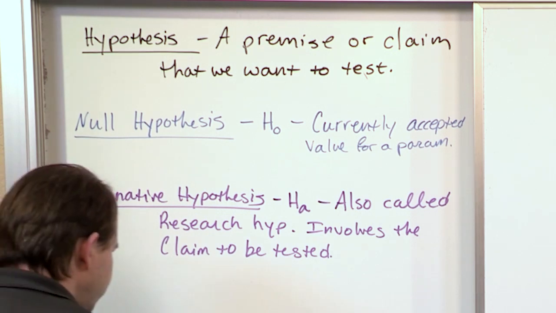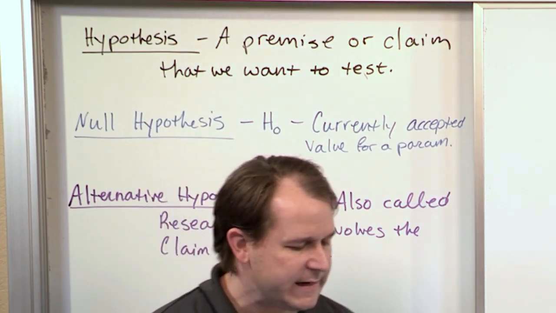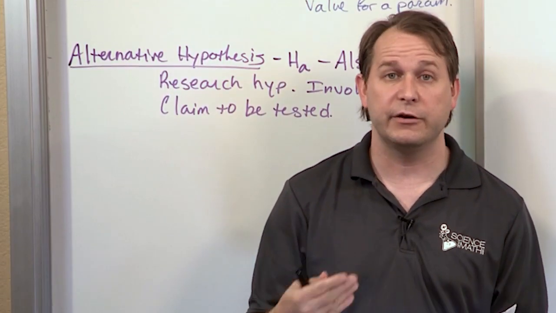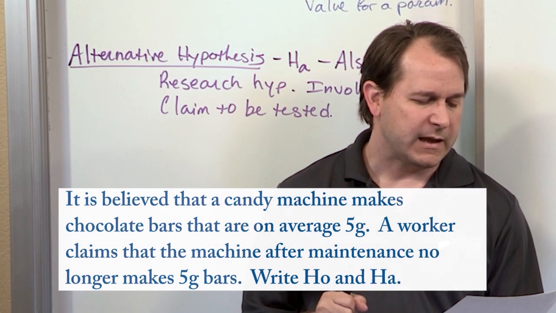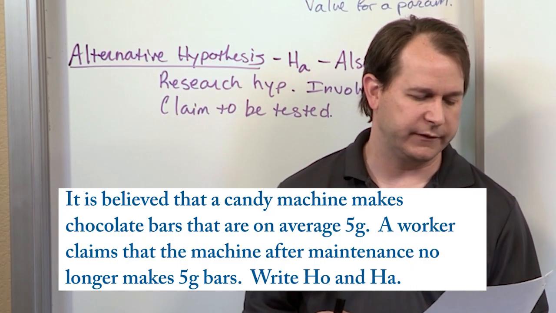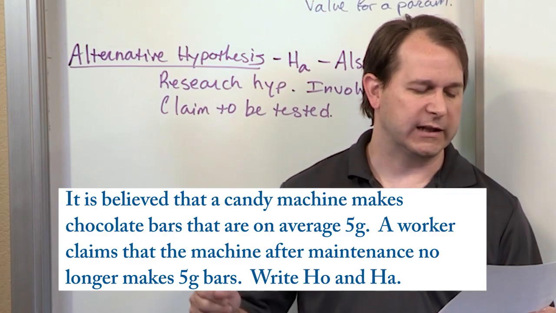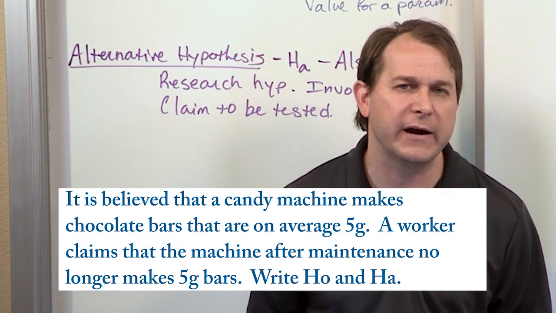So the easiest way to get you to understand this is for me to share with you, this isn't really a full-blown problem, but it's to get you to understand what the difference between H naught and HA is. So let's say it is believed that a candy machine makes chocolate bars that are an average of 5 grams in mass. A worker claims that the machine, after maintenance, no longer makes 5-gram bars.